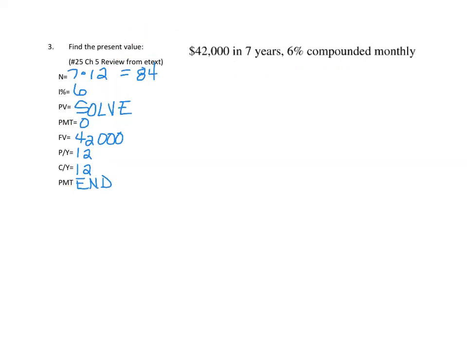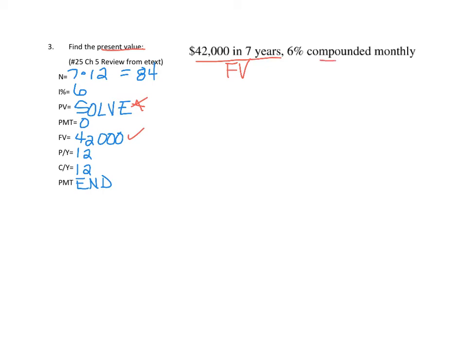In this problem, we're going to find the present value. So at the present value, that's where we're going to place the solve. 42,000 in 7 years indicates to us that that is a future value. So the future value is $42,000.